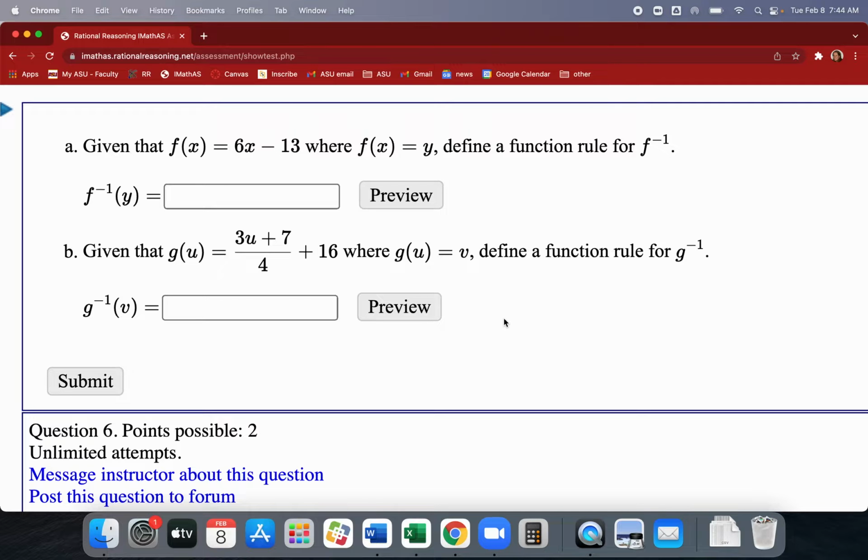And notice you don't have to simplify anything, make it look pretty. Anything algebraically equivalent in iMath or in math in general is fine.